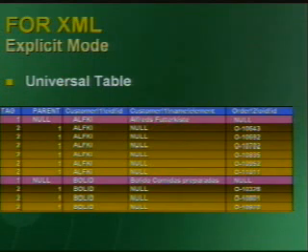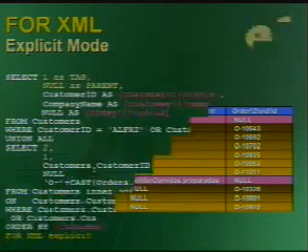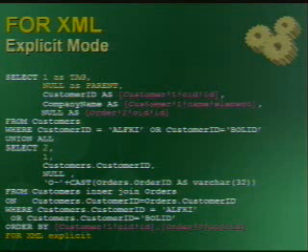And you can sort of see the hierarchy here, where I get a customer and the orders below it. And so what I have to do is generate a SQL query that does that. And so here's the query that does it. And it's a little complicated.